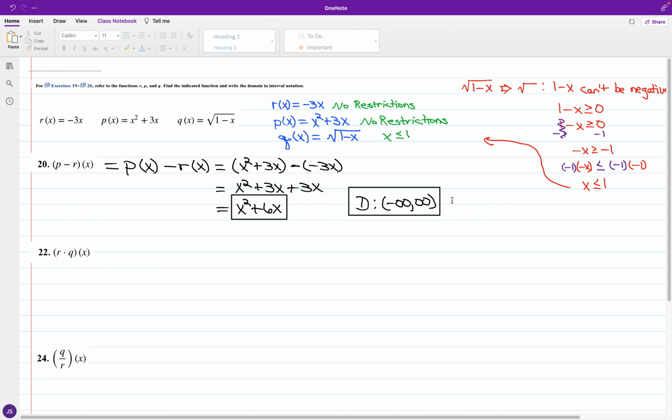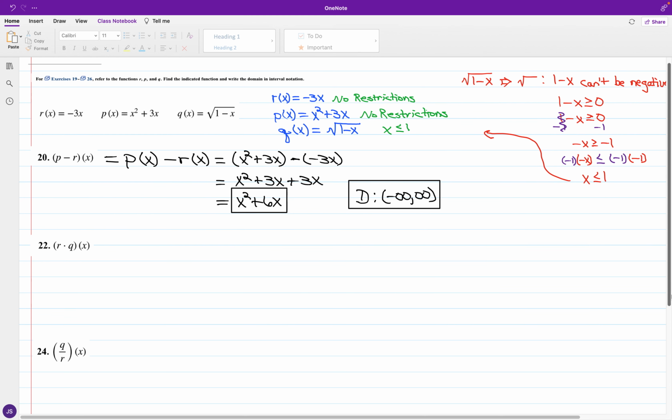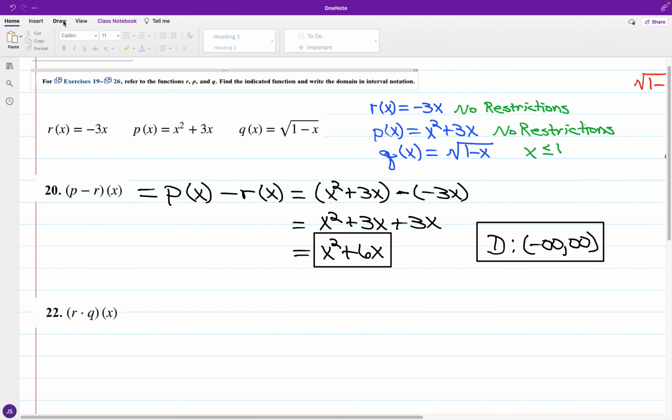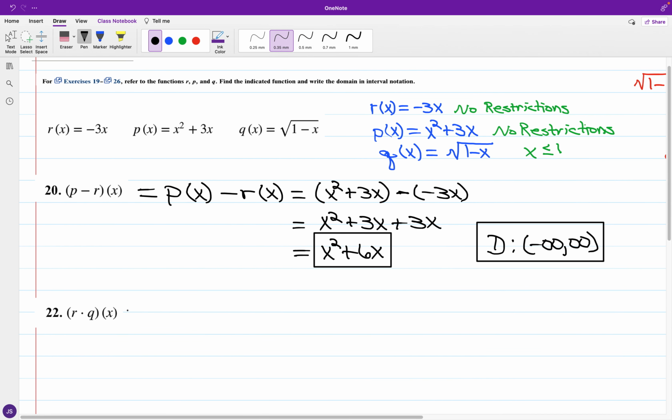Now for r times q of x, now you're going to have a restriction. While r has no restriction, q of x is going to have the restriction that x be less than or equal to 1. And just looking at r times q of x, there's really not that much to do with this one. So you have r of x times q of x.